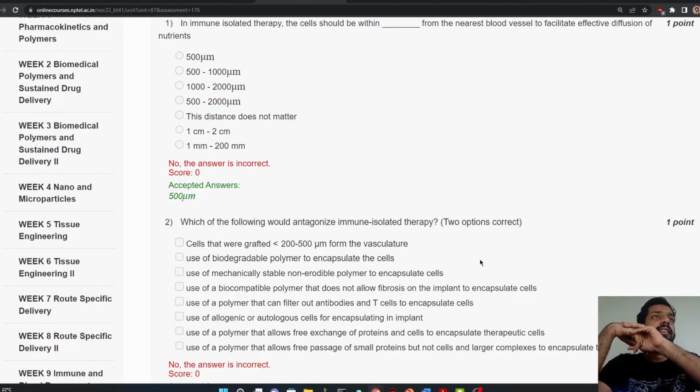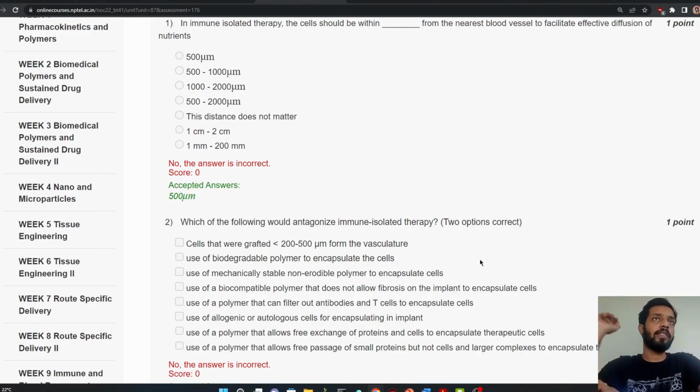Cells that were grafted less than 200 to 500 micrometer from the vasculature, use of biodegradable polymer to encapsulate the cell, use of mechanically stable non-erodible polymer to encapsulate the cell, use of biocompatible polymer that does not allow fibrosis on the implant to encapsulate the cells, use of polymer that can filter out antibodies and T cells to encapsulate cells, use of allogenic or autologous cells for encapsulating in the implant, use of a polymer that allows free exchange of proteins and cells to encapsulate therapeutic cells, use of a polymer that allows free passage of small proteins but not cells and larger complexes to encapsulate therapeutic cells.